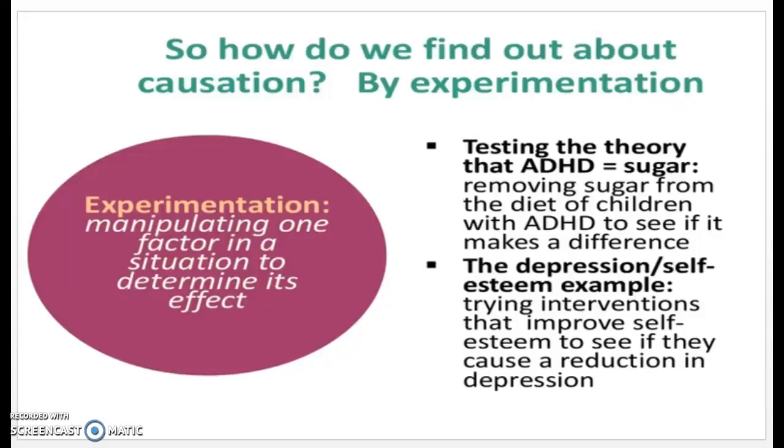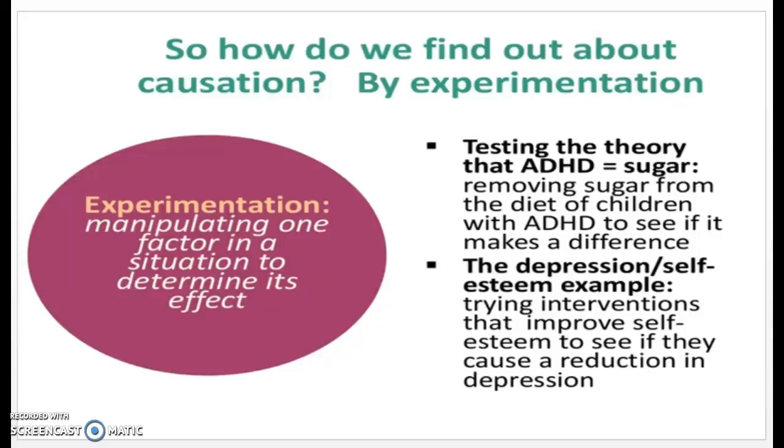Our goal with experimentation, if that is our hypothesis, is to manipulate the variable of sugar. I want to know that if we increase or decrease levels of sugar, what impact is that ultimately going to have on the child? Are they going to be more hyper or less impulsive or less inattentive, and so forth?